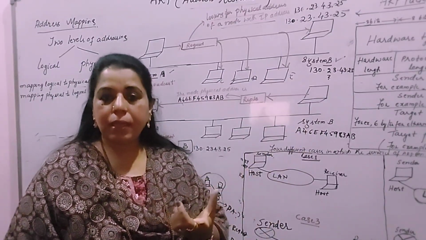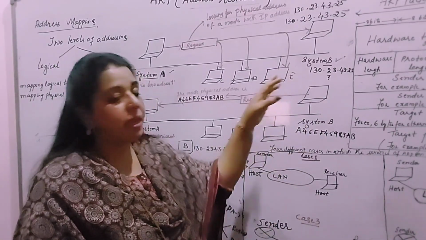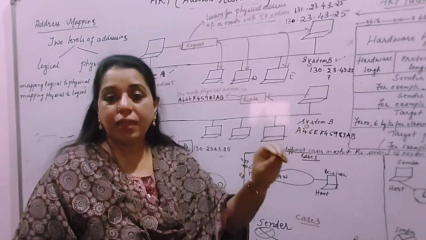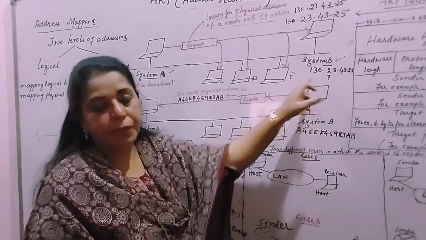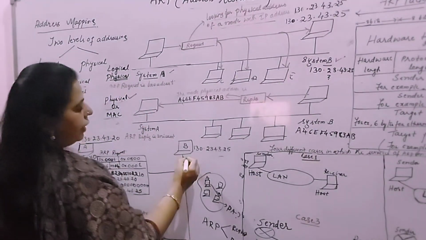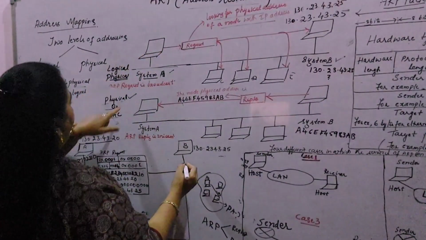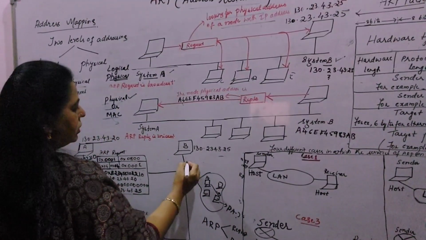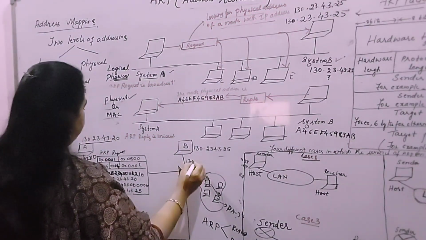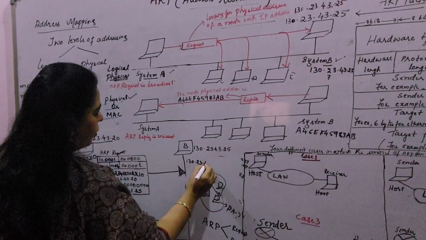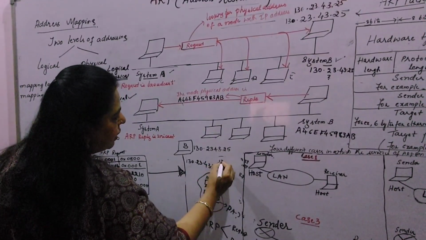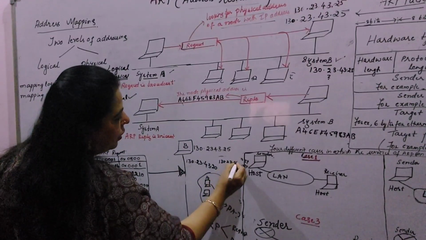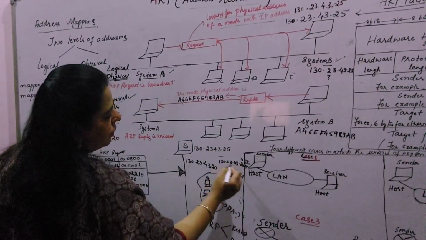Because once it sees the packet, system B checks that the logical address mentioned in the packet belongs to system B. Here I have assumed that the logical address of system A is 130.23.43.20. The logical address of system B is 130.23.43.25. Okay, this is 20.